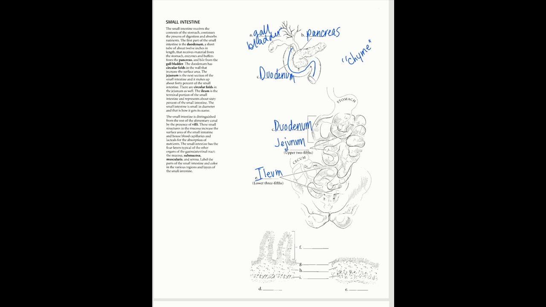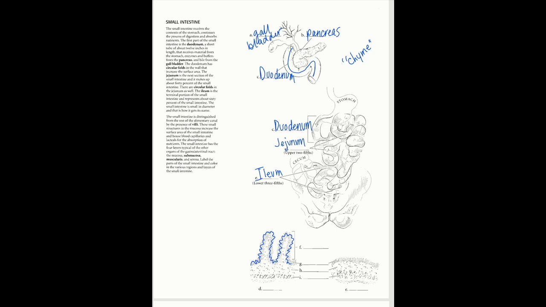And in order for nutrient absorption to occur, you need to have maximum surface area so that chyme can come into contact with the walls of the small intestine. And so if we look at the actual lining of the small intestine, we have a lot of these ridges here to maximize the amount of surface that can be absorbing nutrient.